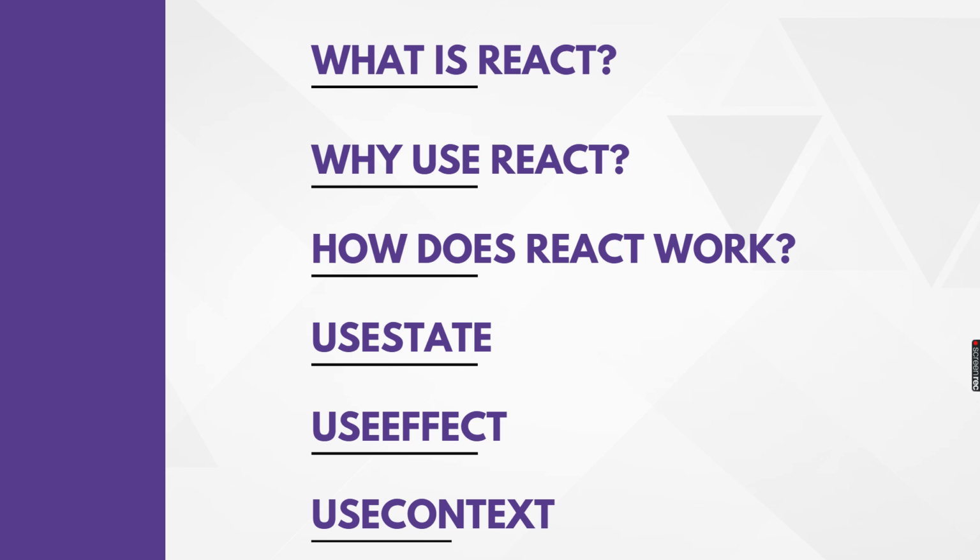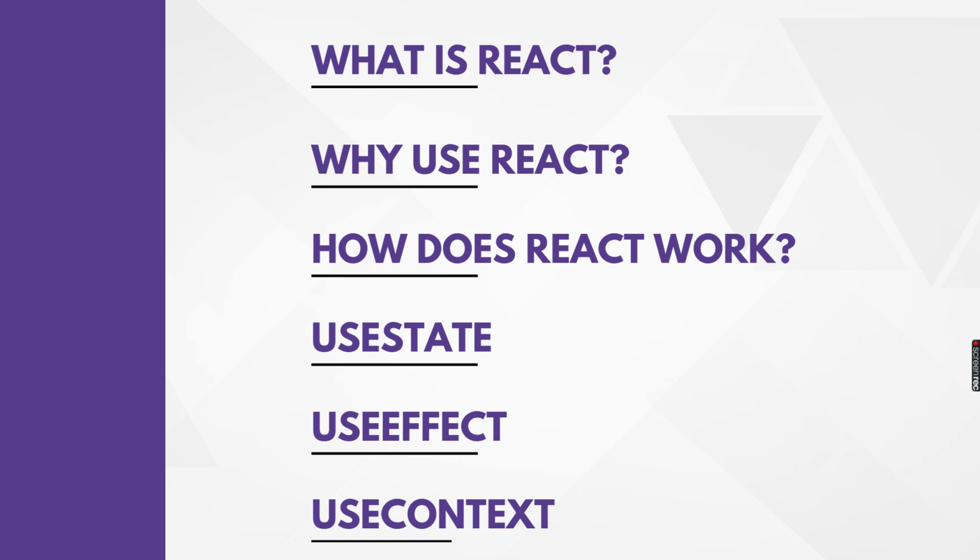For example, useState of 0 initializes the count variable with the starting value of 0. setCount is a function that updates the value of the count variable. Each time you click the button, it increments the count by 1. So this is the counter component example using useState.